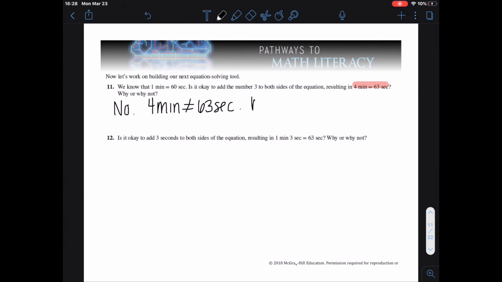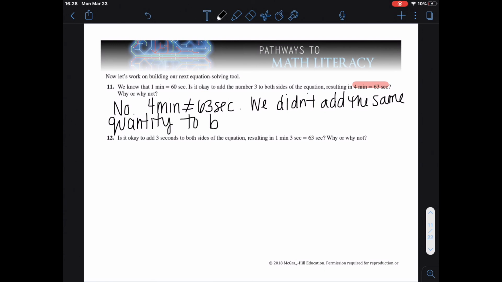So we didn't add the same quantity to both sides. On one side we added 3 minutes, on the other side we added 3 seconds, which are very different things.